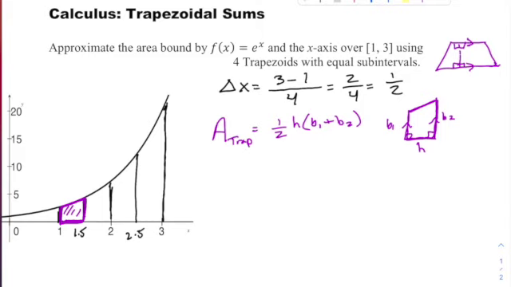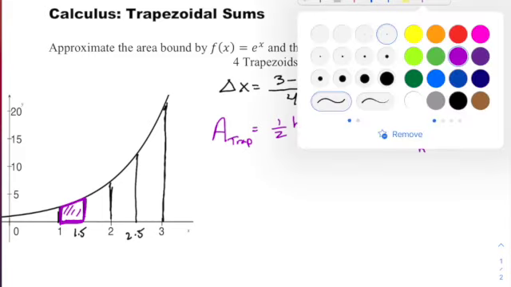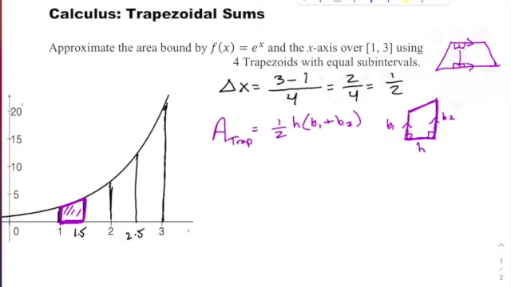And now to get the area of these 4 trapezoids, T4, I'm going to write it out one at a time, and then we're going to see how you can really tighten this up and get pretty good with it. So that first trapezoid, that purple one that I've highlighted there, is 1/2 times the height, which is 1/2, or 0.5, times the sum of the bases.